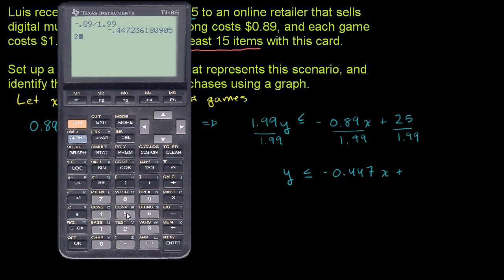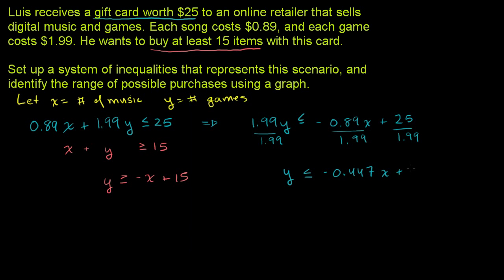So 25 divided by 1.99 is equal to 12.56. Let's just go with that. Plus 12.56. So that blue constraint, that we can't spend more than $25, when we put it in slope-intercept, turns into this inequality. And the second constraint, that he wants to buy at least 15 items, turns into this inequality. So let's graph the two inequalities.